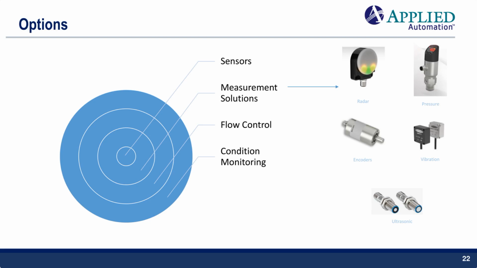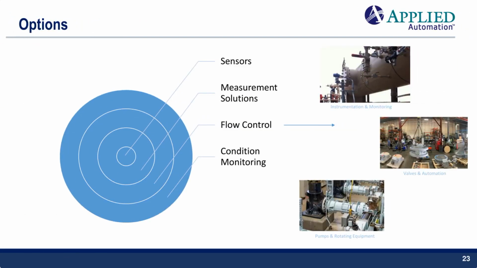So that can be radar, pressure, encoders, vibration, and ultrasonic. Flow control, so being able to put some type of sensor into a pipe, into valves and current like automated processes within flow, and then also for pumps and rotating equipment.